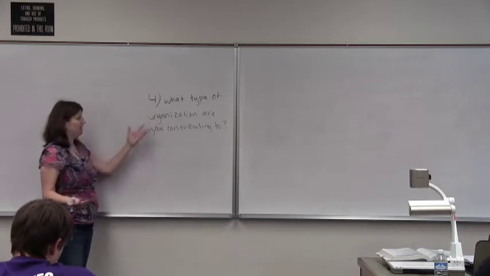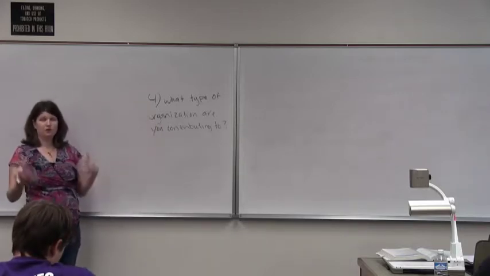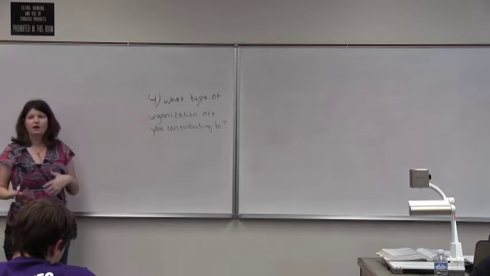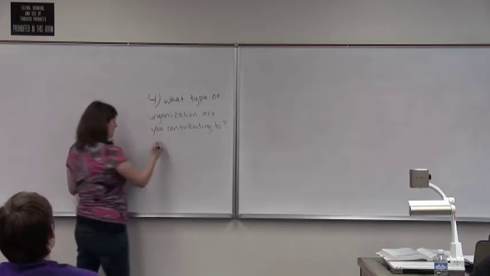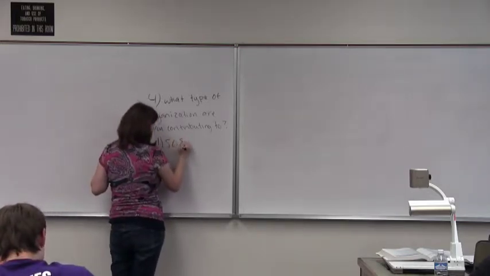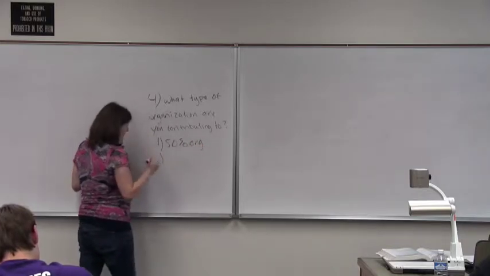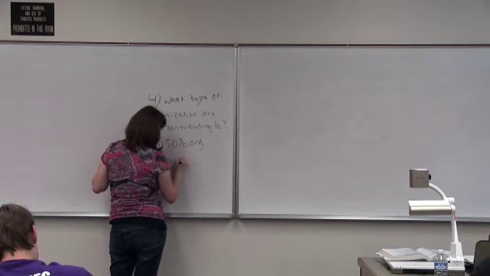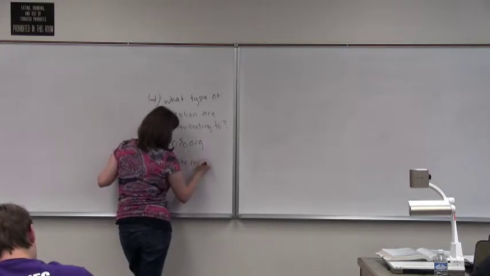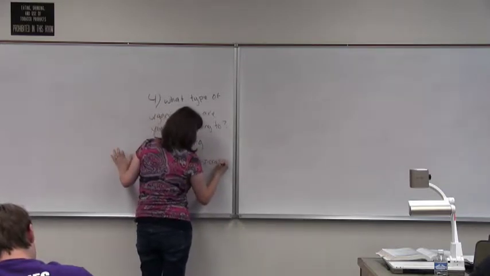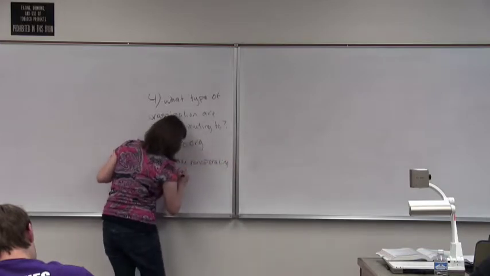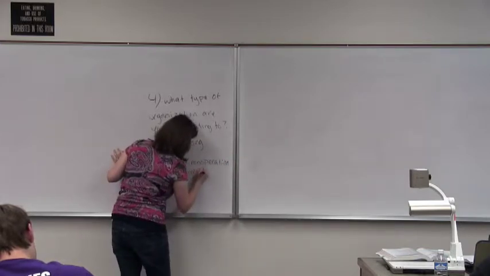If it is a valid nonprofit, charity, that kind of thing, there are two possibilities. The first one being a 50% organization, and the second one being a private non-operating foundation. These are the two different possibilities.